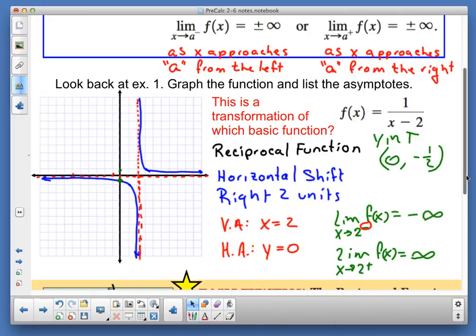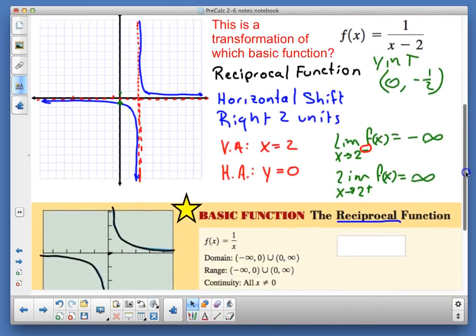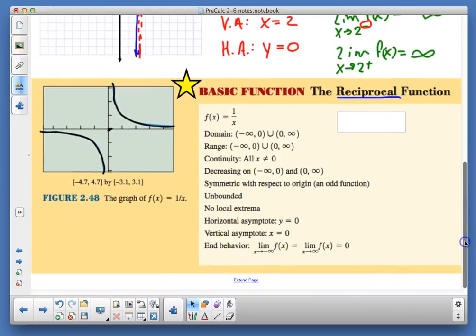Now, as far as our evaluation of what's going on with the basic reciprocal function, we talk about its domain from -infinity to 0 and 0 to infinity. We talk about its range, and remember, range is y, from -infinity to 0 because of our asymptote, and from 0 to infinity. We're talking about continuity.